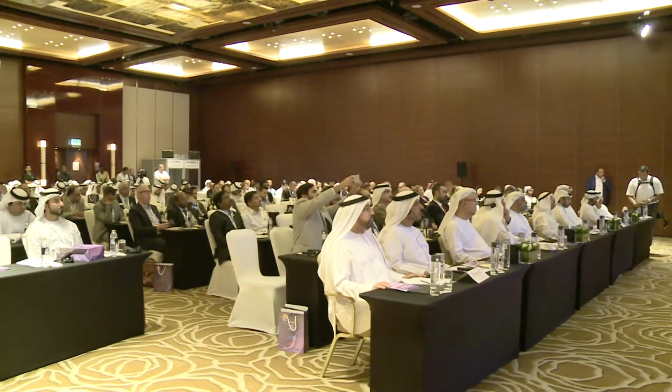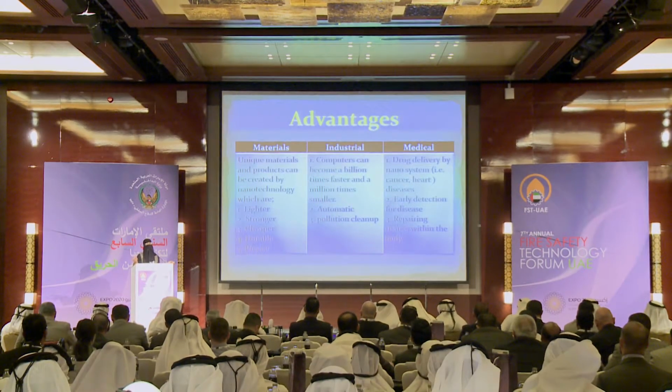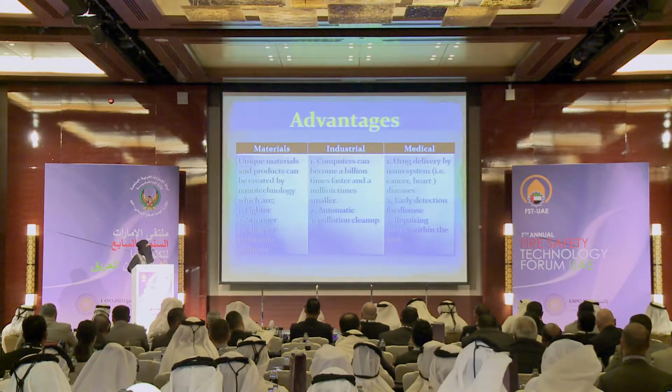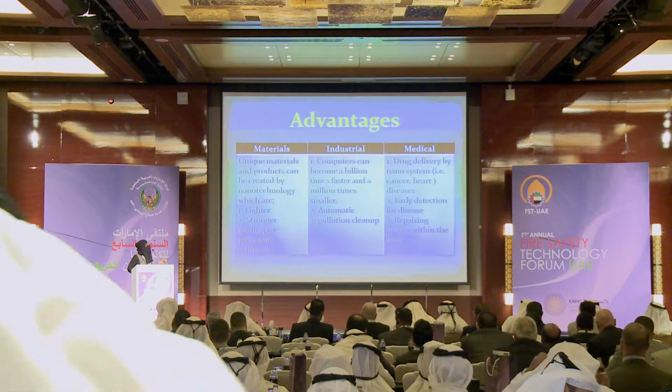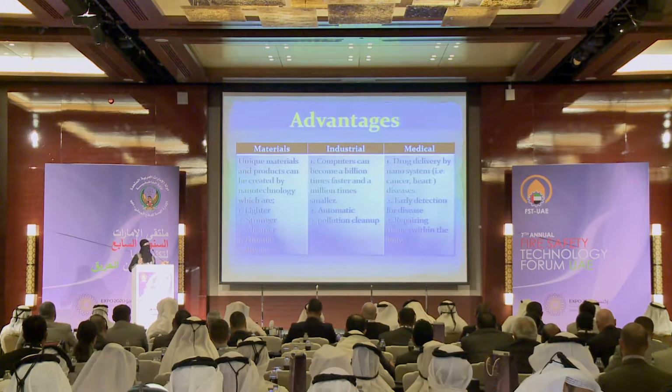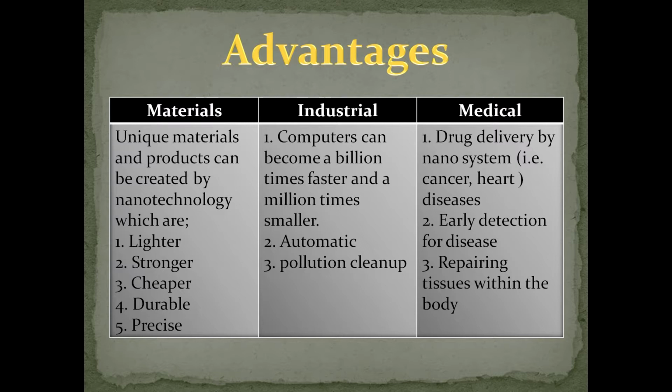With the unique properties, we can build lots of materials with lots of properties. So we can get lighter, stronger, cheaper, smarter, durable materials which can be used in different fields. For example, computers can become 1,000,000 times faster and 1,000,000 times smaller, which is really amazing.